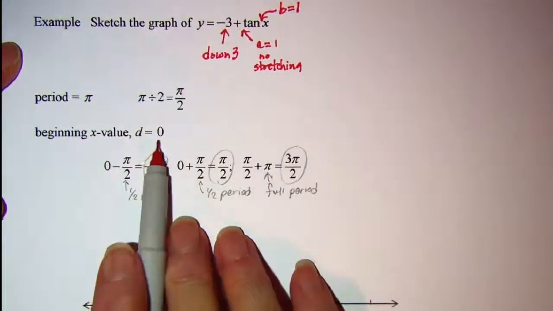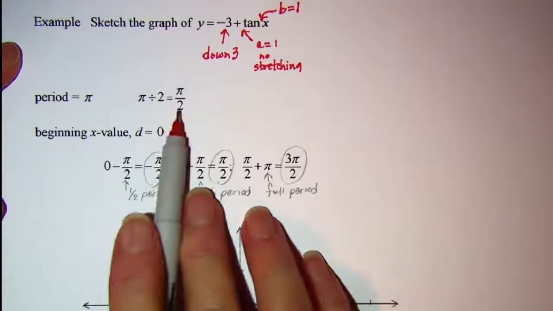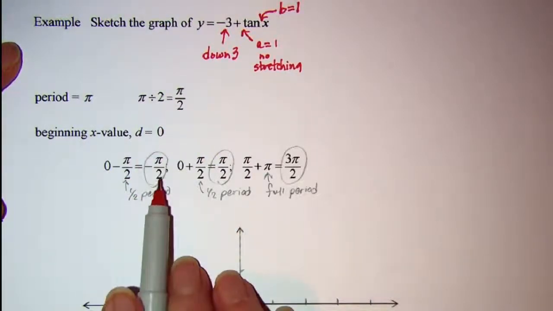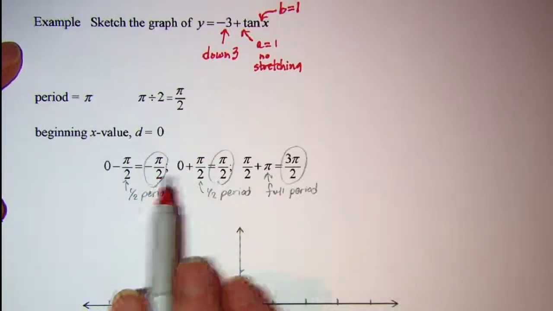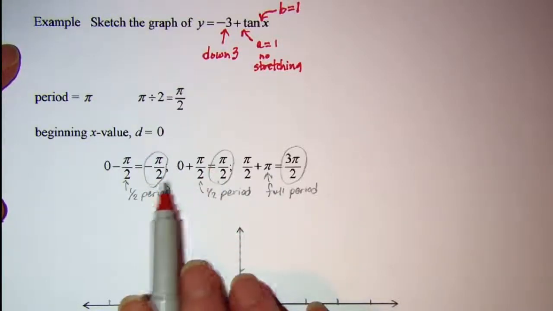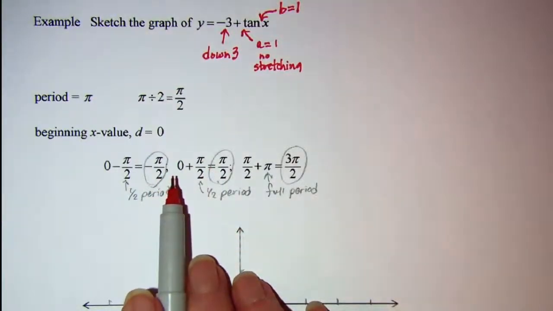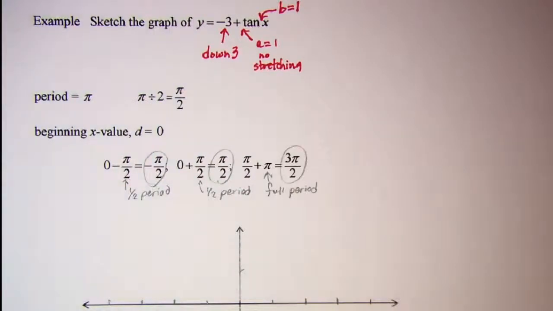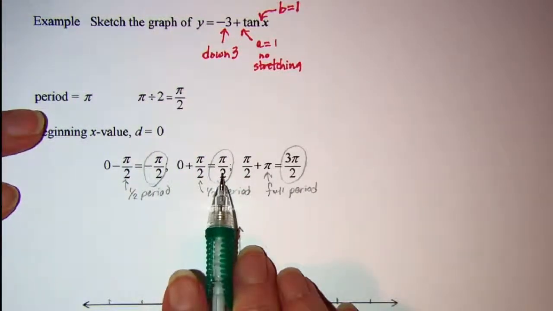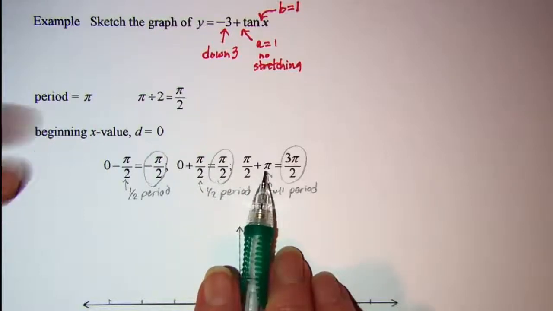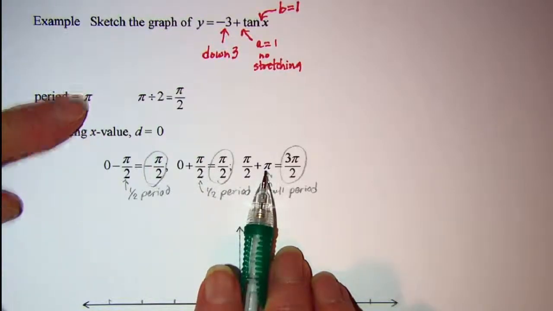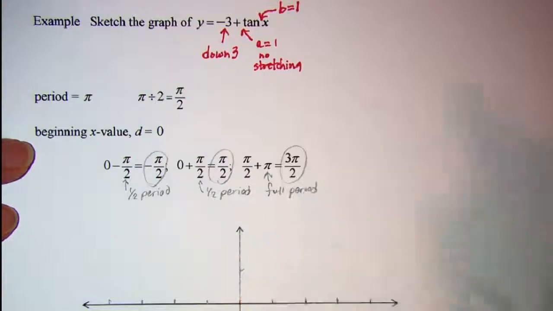We take our beginning value and subtract this half a period, and we have negative pi over 2. And then we take that same beginning value, add the half period, and then onto this we add a full period, which we said was pi, and we get 3 pi over 2.